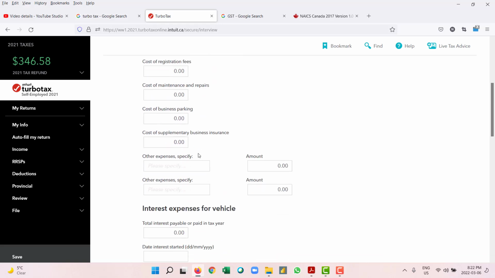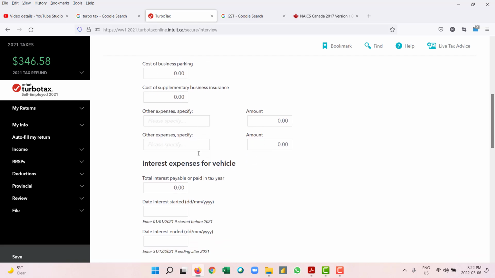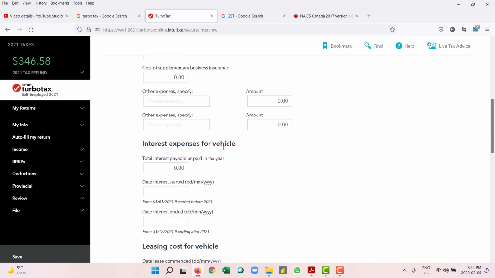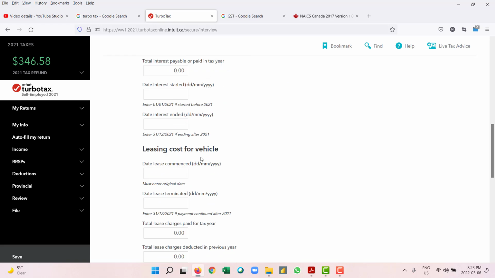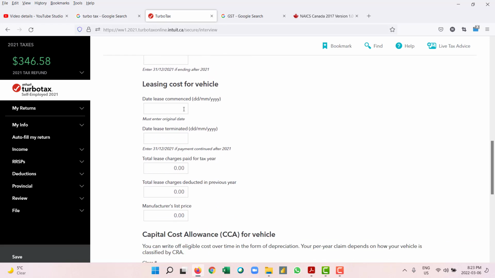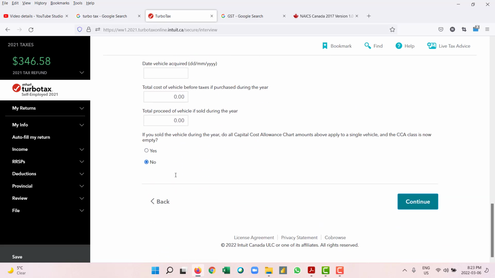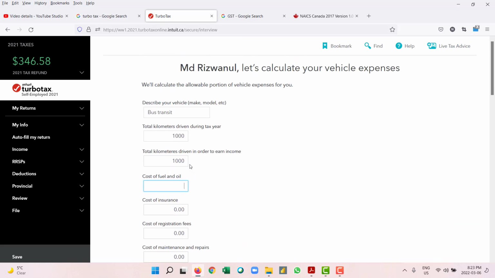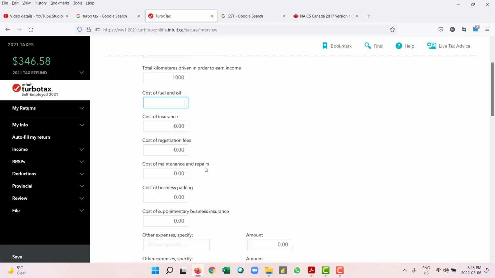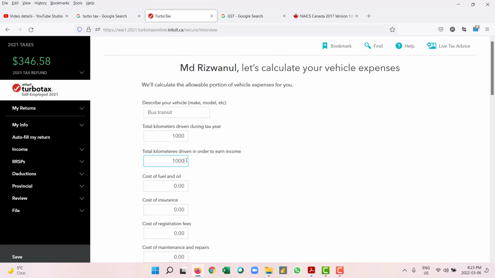It is asking for a lot of things, but you don't need all of these things. Interest expense for vehicle, leasing cost for vehicle, many other things. I don't have any other things. So I will skip that.